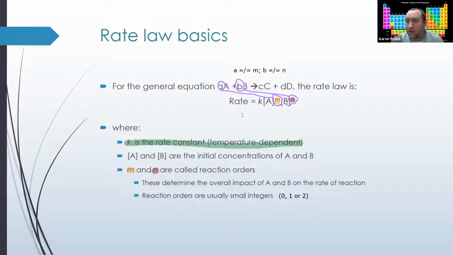This is important to note because it is often confused, because there are occasions where the stoichiometric coefficient and the order of reaction are the same. Those are purely coincidental. Reaction order has nothing to do with stoichiometry. Absolutely nothing.